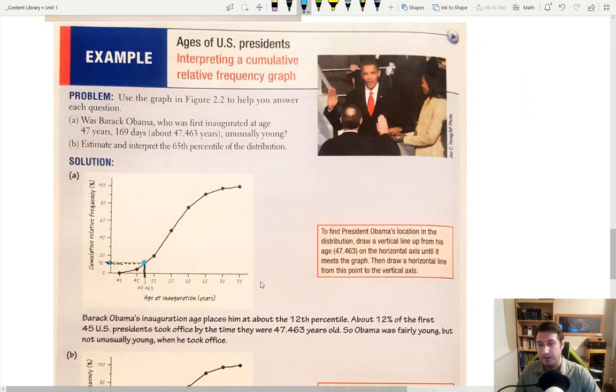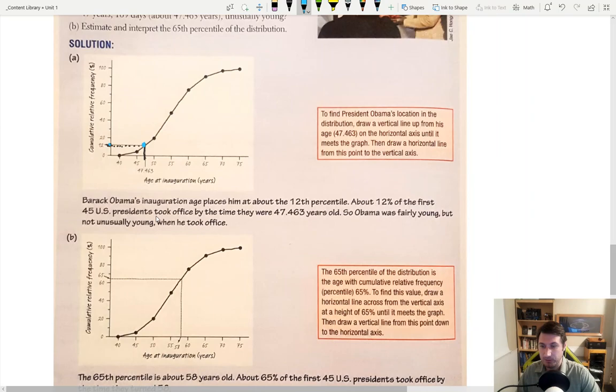All right, now we're going to do the algebra thing. We basically gave you the x and asked you to find the y. Now we give you the y and ask for the x. Estimate and interpret the 65th percentile. Well, a percentile is a cumulative relative frequency, so that's our y value. We come up here and find 65 on the y-axis. This is the 65th percentile.